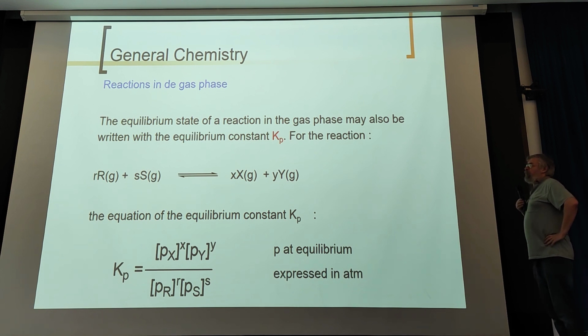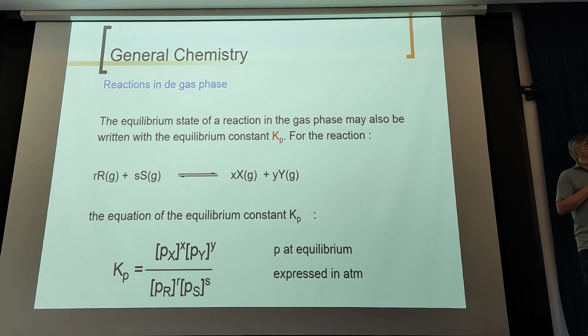So this is about reaction in the gas phase. We could now express, instead of with concentrations, with pressures of gas, partial pressures, in fact. We have a gas mixture.